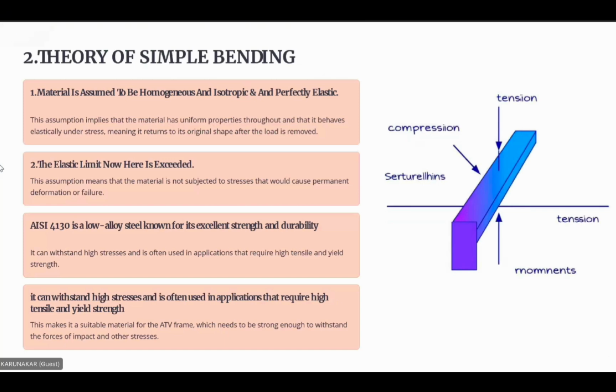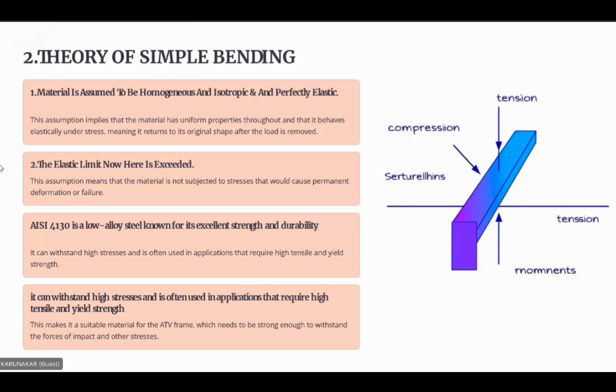This assumption implies that the material has uniform properties throughout, that it behaves elastically under stress, meaning it returns to its original shape after the load is removed. The elastic limit is not exceeded, where the material is not subjected to stresses that would cause permanent deformation or failure.